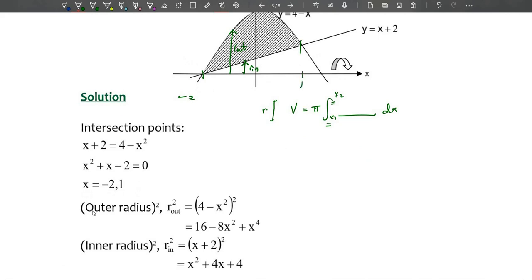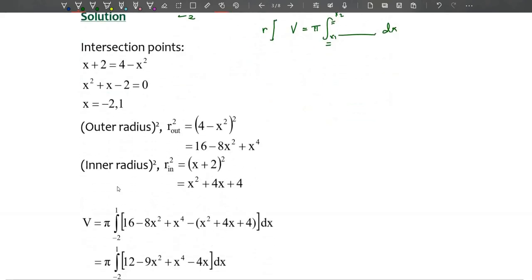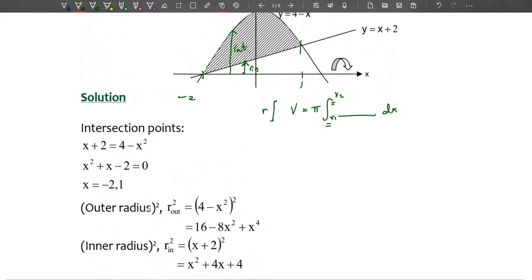Now the outer radius squared. It's better to expand it so that the integral won't be that complicated. The outer radius squared, R out squared, is the curve 4 minus x squared, so (4 minus x squared) squared. Hence we have 16 minus 8x squared plus x to the power of 4.